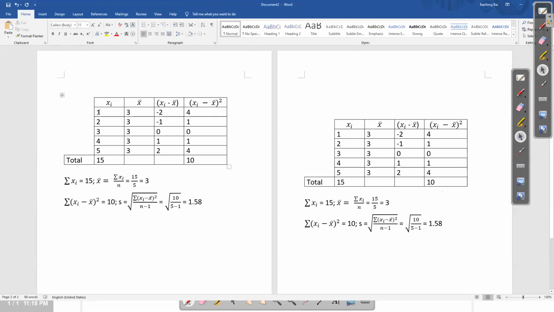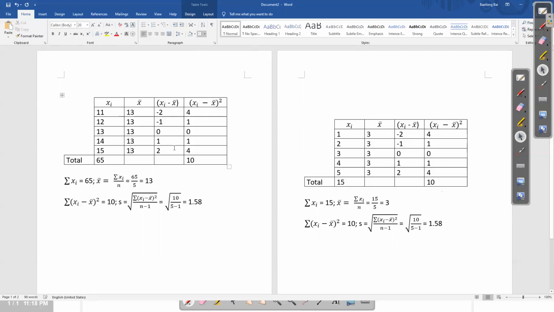Right. So if we start the data with 11, 12, 13, 14, 15, right? So then the column total on the xi column will become 65. And if this is 65, you should realize the sample mean x bar will be 13, right? So then x bar column will be 13 all the way instead of 3.